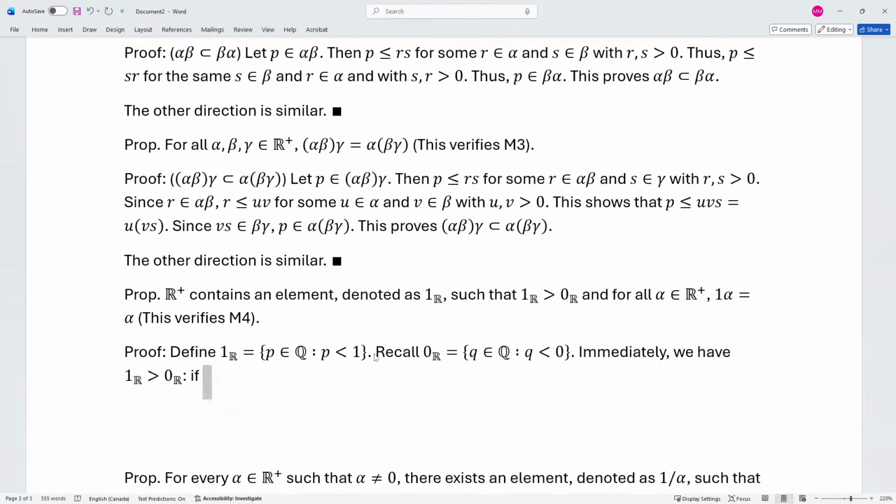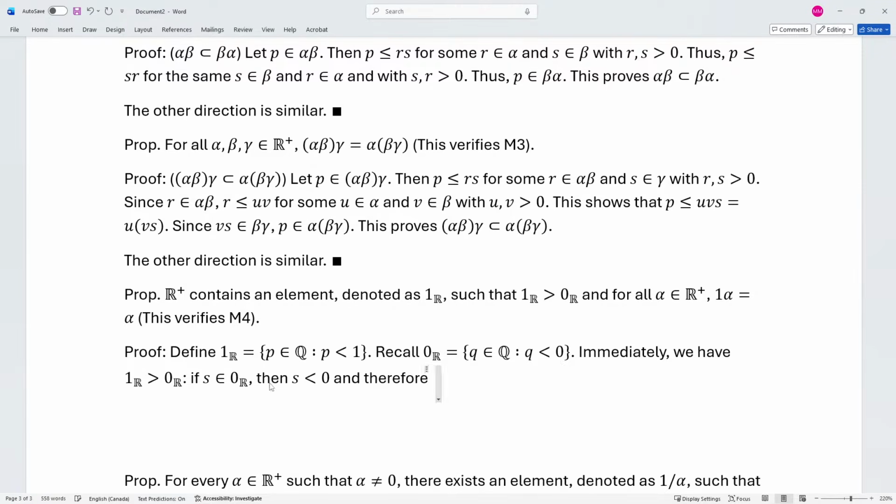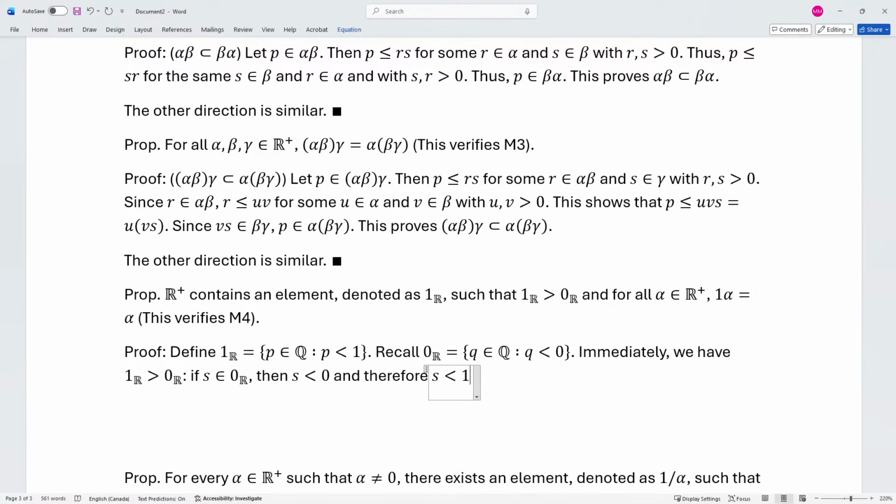Let's say S is in 0, that means S is less than 0, and therefore S is less than 1. The usual order relation between the rationals works. Okay, and thus S is in 1.